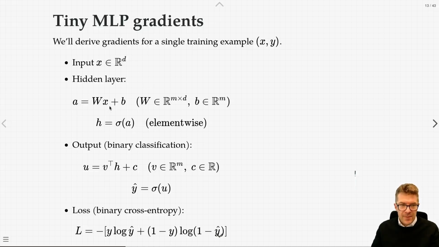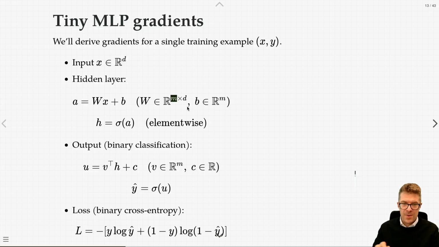We have a hidden layer. The hidden layer will pass our inputs through a linear transformation, like we've seen several times. There'll be a weight matrix W, which can be an M by D matrix, and then we'll have a bias term in R^M.